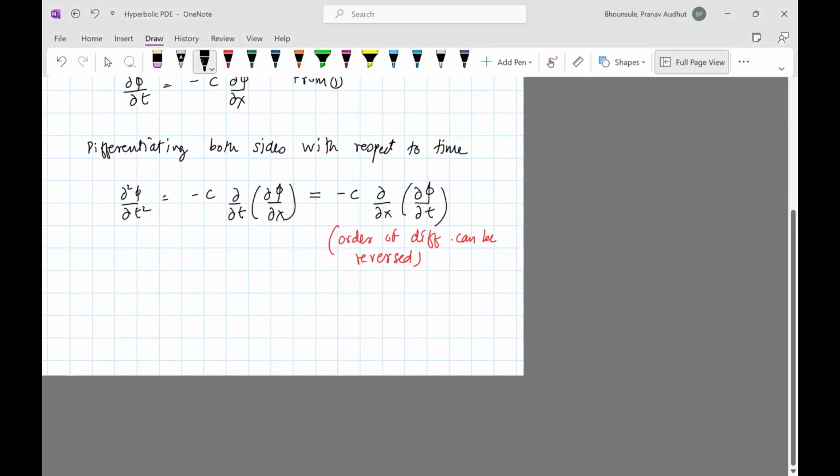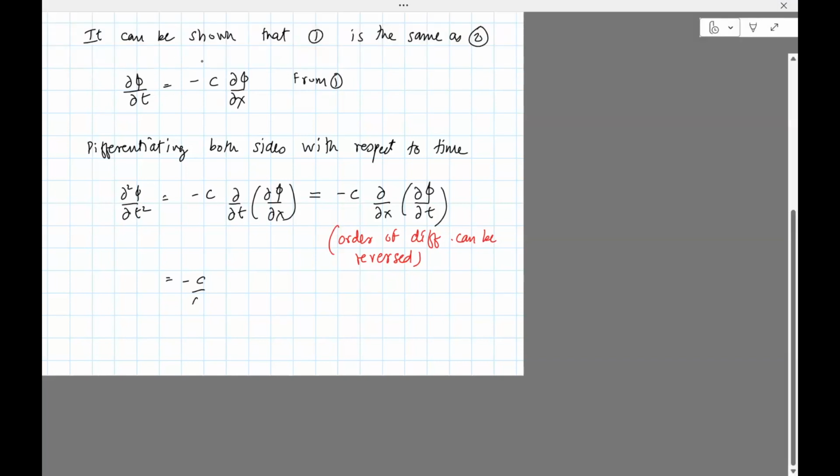So now what I'll do is I'm going to sub in the value for ∂φ/∂t. It's nothing but this, so minus c ∂φ/∂x. Let's call this 3.